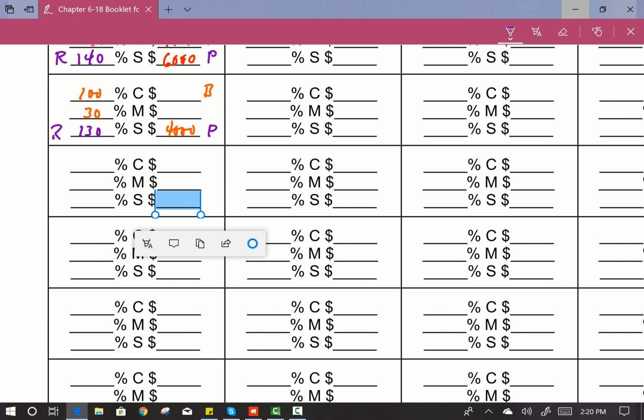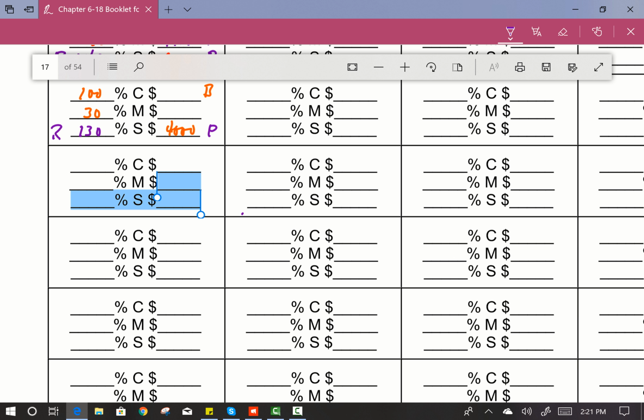So I have a value for the part, I have a value for the rate, but I don't have a value for the base. So in order to calculate, the base is equal to part divided by rate.